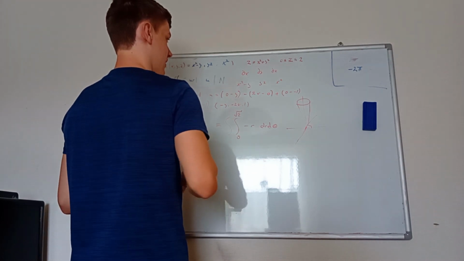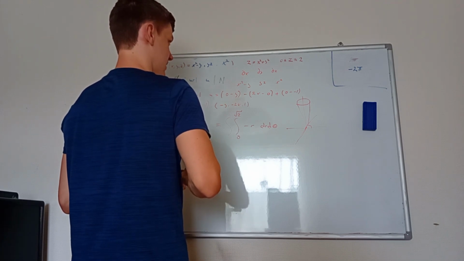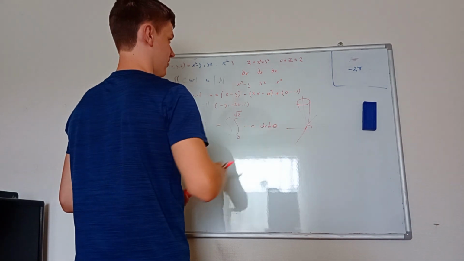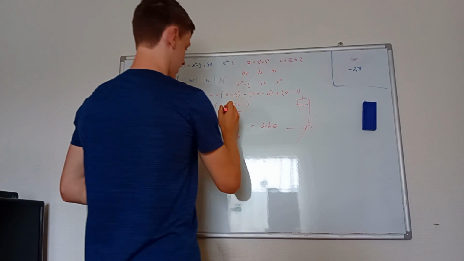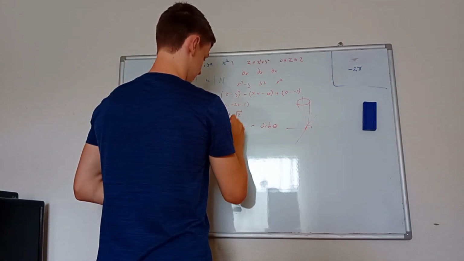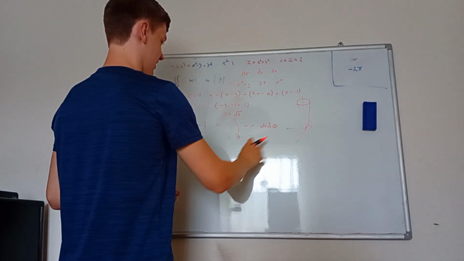How about theta? Well, theta is going to travel around the entire circle because we have no other restrictions. So it's just going to be 2 pi and 0. So let's do this integral.